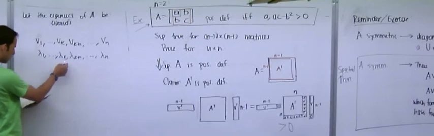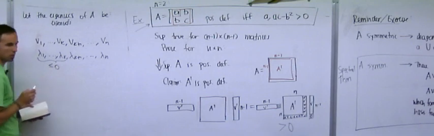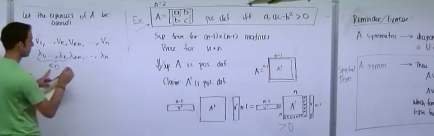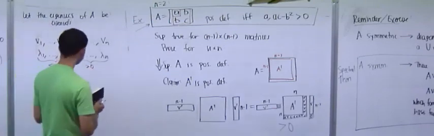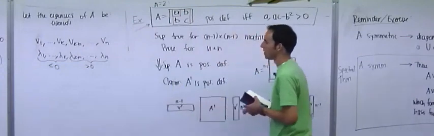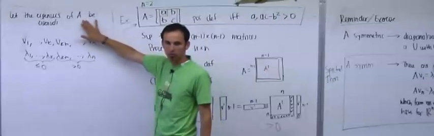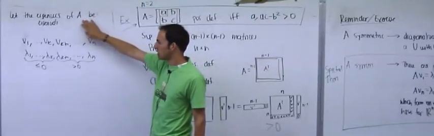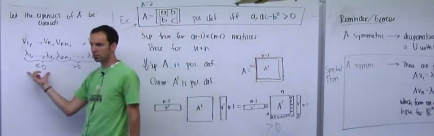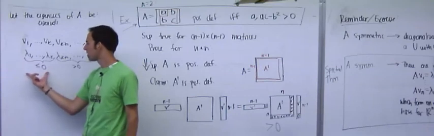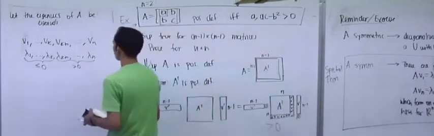But the only thing is that I'm labeling them in such a way that the first k are less than or equal to 0, and the last n minus k are bigger than 0. What am I trying to do? Well, I'm trying to prove that A is positive definite. And that's equivalent to saying that all the eigenvalues are positive. In other words, what I really am after is I would like to prove that k is really 0, that there aren't any of these guys. But I don't know that yet because I don't know yet that A is positive definite.